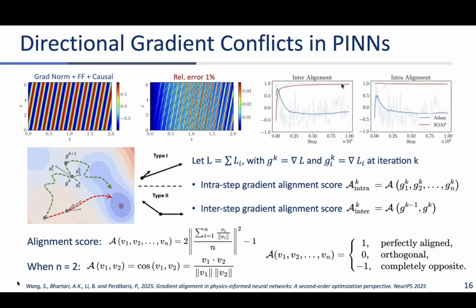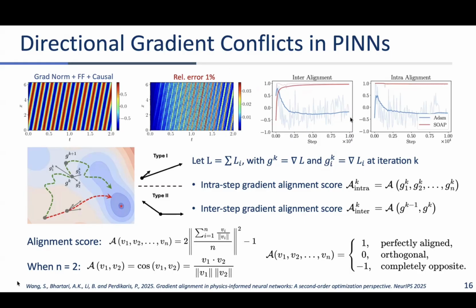On the top right, I monitor those scores in PINN training. Here I use two optimizers, Adam and SOAP. Adam is a common choice in deep learning and also standard practice in PINN implementation. But as you can see for this blue curve, where we use the Adam optimizer, the score oscillates widely from -1 to 1, indicating that PINNs suffer from severe directional gradient conflicts.